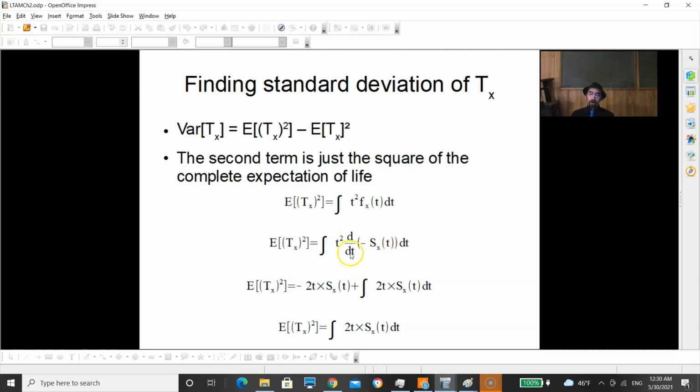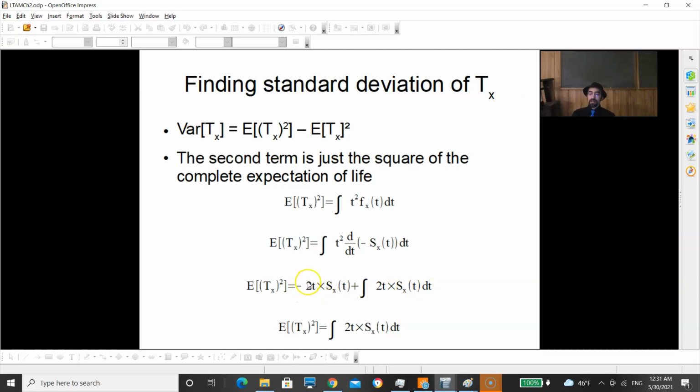And if I integrate by parts, I get negative 2t times s sub x of t, integrated between t equals 0 and t equals omega, where omega is the oldest age you could possibly live to, plus this other integral of 2t times survival.